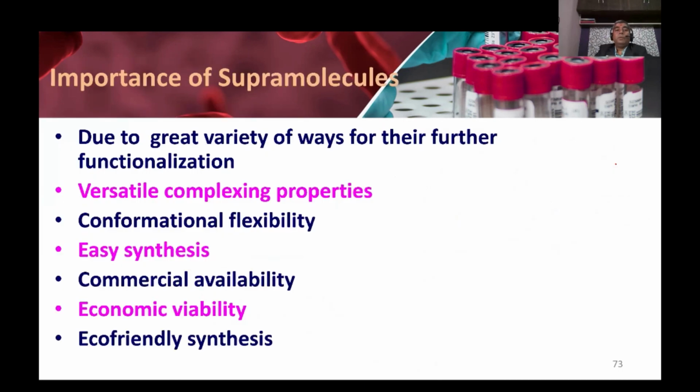Importance of supramolecules: due to the great variety of ways for their further functionalization, we can functionalize this supramolecule in a number of ways and get a different number of derivatives.